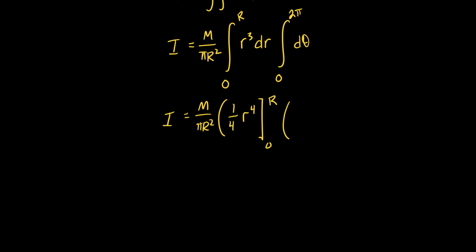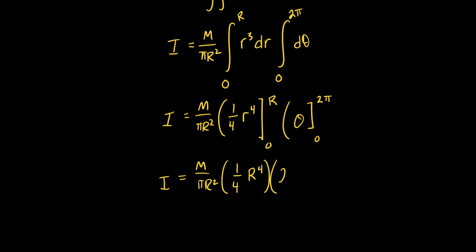Well, that's just going to be theta, evaluated from 0 to 2 pi. All right, sub in. So it looks like this will be 1/4 r to the 4th times 2 pi.